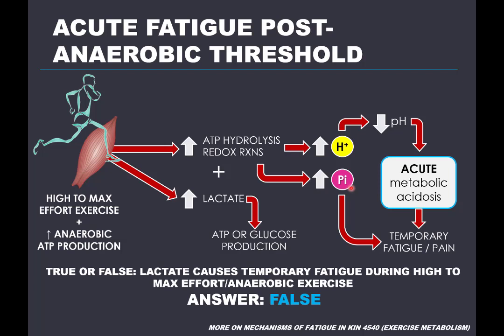It is again, quote unquote, tapped out. So the inorganic phosphates from the rapid hydrolysis start to accumulate within the muscle cell. This has also been shown to impair muscle contractions. So in summary, fatigue during heavy exercise is not caused by lactate buildup. It is caused by acute metabolic acidosis from proton accumulation and also the accumulation of inorganic phosphates within the intracellular space.